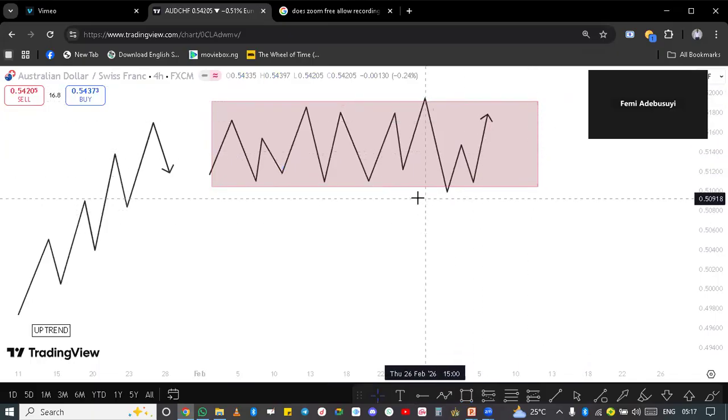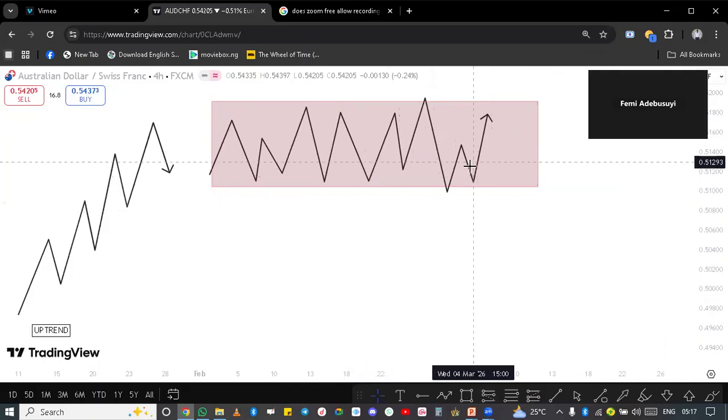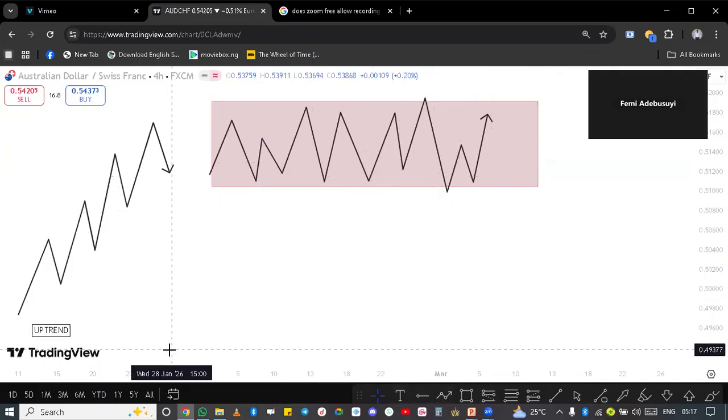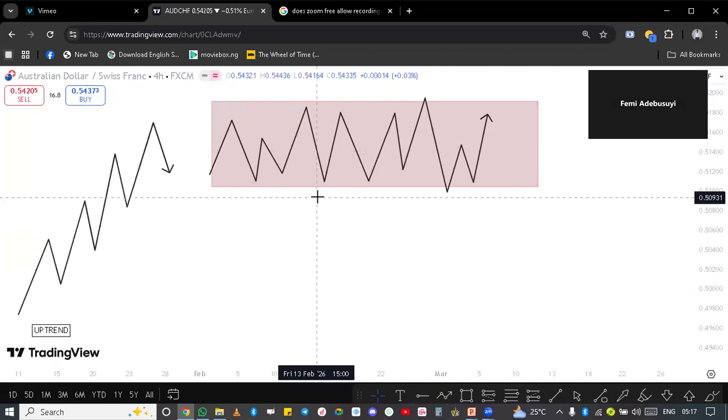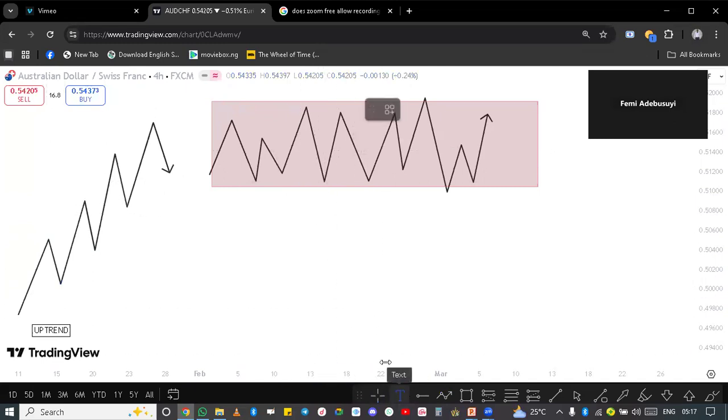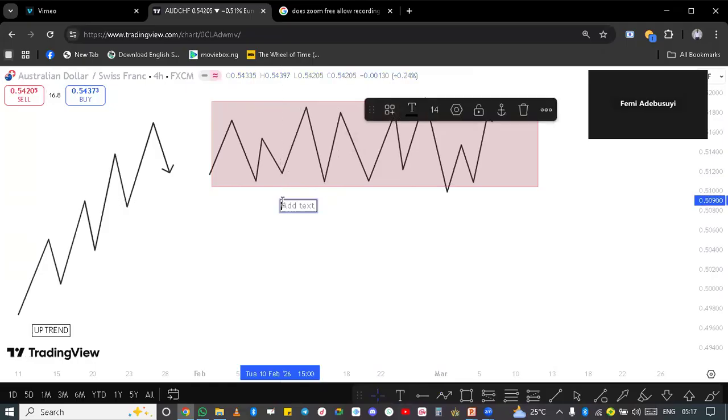So we have the upward, and the down. We have the uptrend, which is this here. Then we have this, which people call by different names.